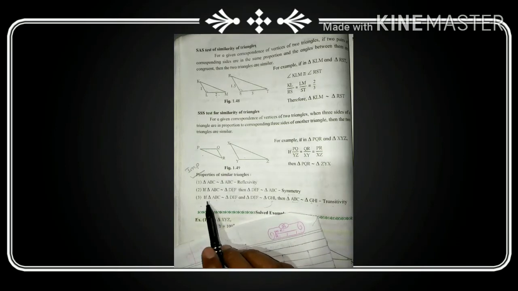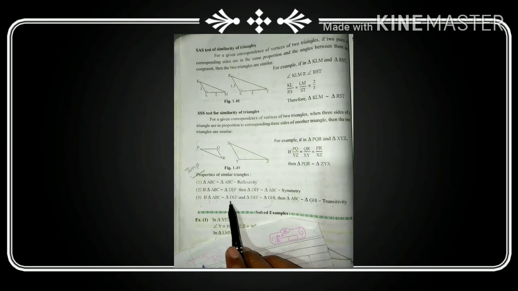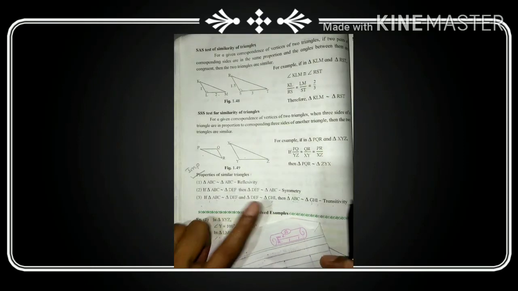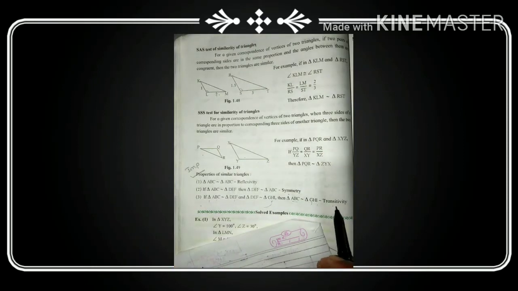Then the third property is, if triangle ABC is similar to triangle DEF and triangle DEF is similar to another triangle GHI, then the first triangle ABC is similar to the third triangle GHI, meaning it is also known as the transitivity property.